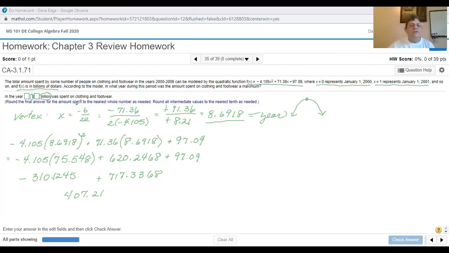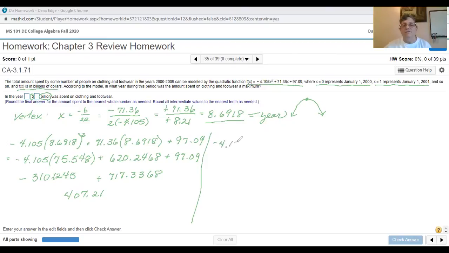Round the final answer for the amount spent to the nearest whole number is needed. Round intermediate values to the nearest tenth as needed. Okay, I did not follow these instructions. Let's see what it would do if I did. If the intermediate values are all rounded to the nearest tenth, this would be an 8.7 I was plugging in.